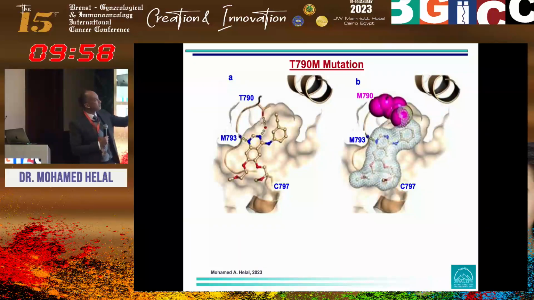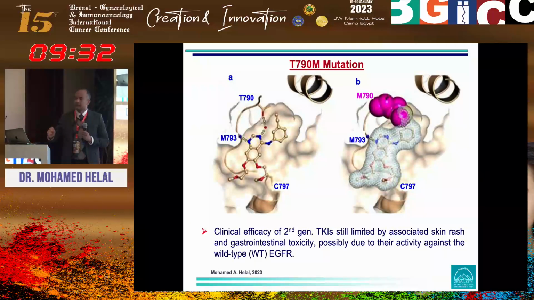But now when it is mutated to the pink one, methionine 790, which is larger than threonine, we can see the steric clashes which hinder the binding of the inhibitors to the ATP binding site. So this competition occurs, and the enzyme now has more affinity to the ATP, and this reduces the affinity to our inhibitor.